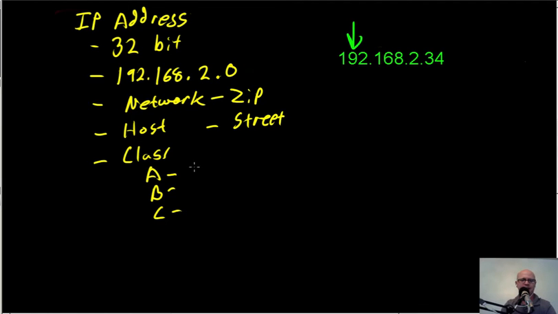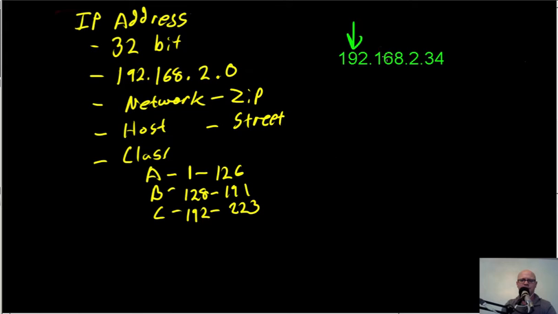A class A address, that first octet, is either going to be between 1 and 126. So not that. Class B is going to be from 128 to 191. A class C is going to be from 192 all the way up to 223.